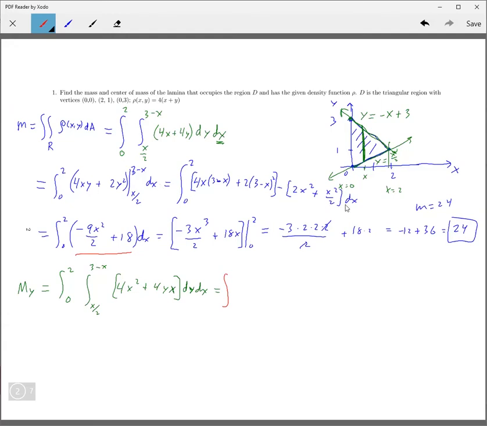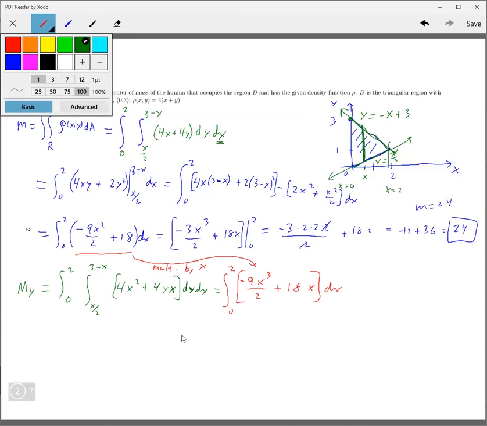All the stuff that we did on all this, all the way down to here is going to be similar, except you're going to have a negative 9x cubed plus 18x. Okay, so basically just multiply by x. That's just a little bit of a shortcut. Okay, and then we can continue on.